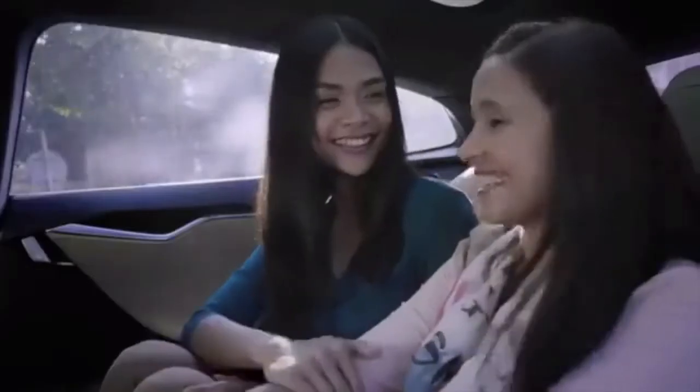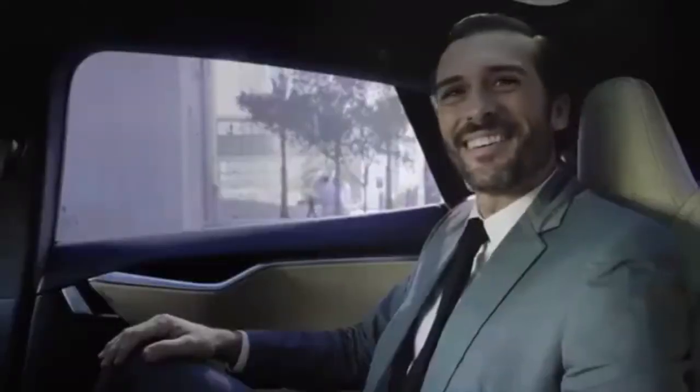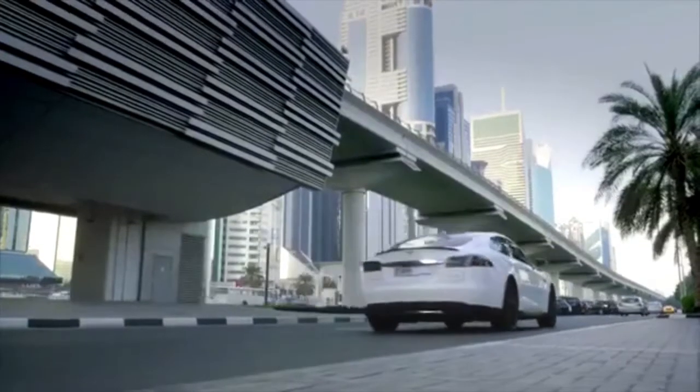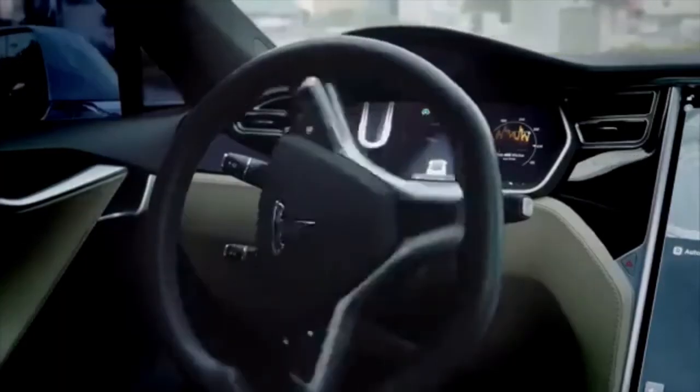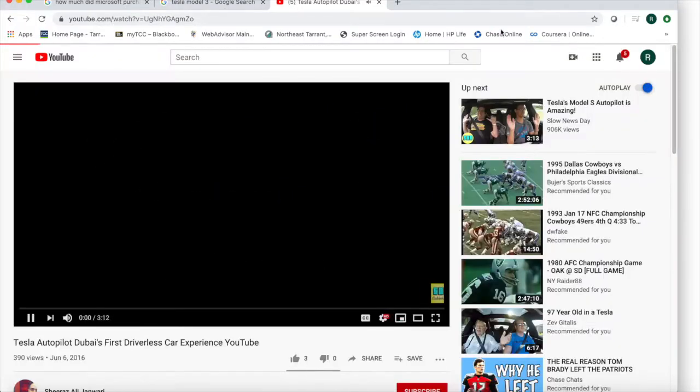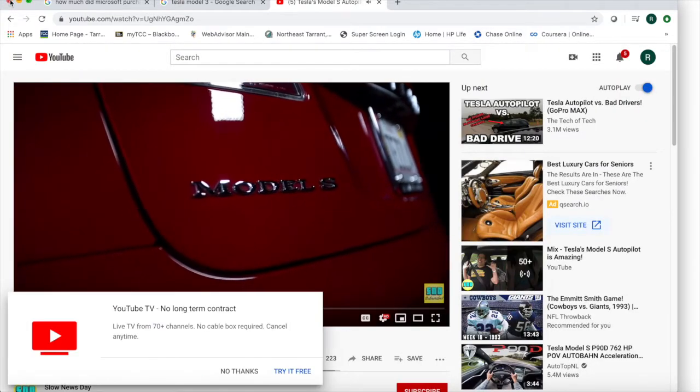Not too bad. Pretty cool. By 2030, 25% of Dubai's transportation to be completely autonomous.